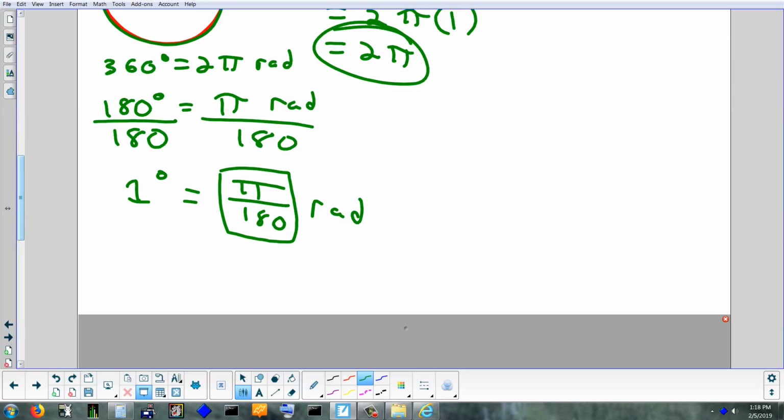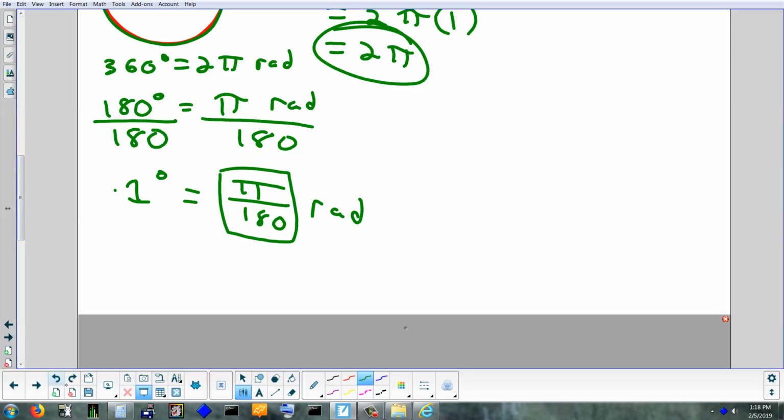So I have a formula that says 1 degree equals, and I know what 1 degree equals. But what if I wanted it to say 2 degrees equals? What could I do on both sides? Multiply by 2. Yeah, if you multiply by 2, and again, just watch this because I'm going to erase that in a second, times 2. Now you've got a formula for 2 degrees.